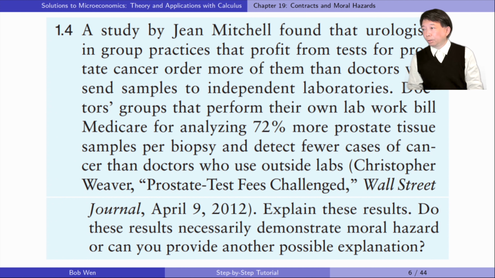Doctors' groups that perform their own lab work bill Medicare for analyzing 72% more prostate tissue samples per biopsy and detect fewer cases of cancer than doctors who use outside labs. Explain these results. Do these results necessarily demonstrate moral hazard? Or can you provide another possible explanation?